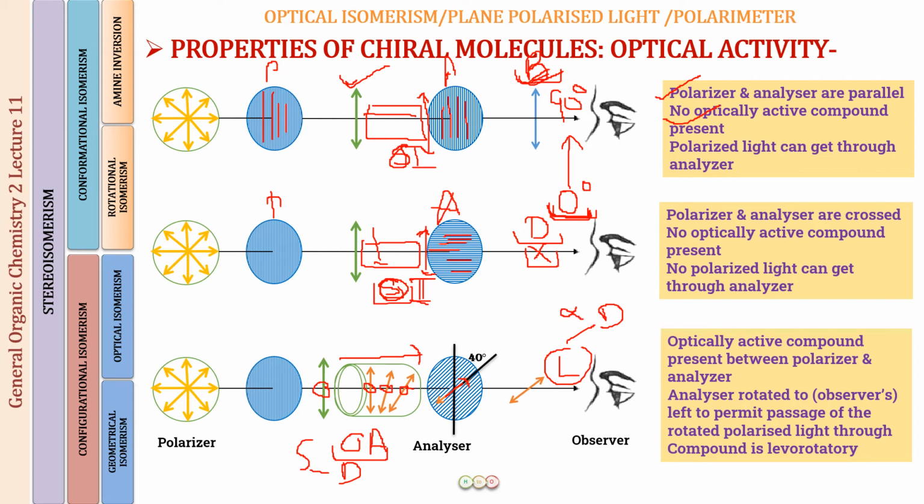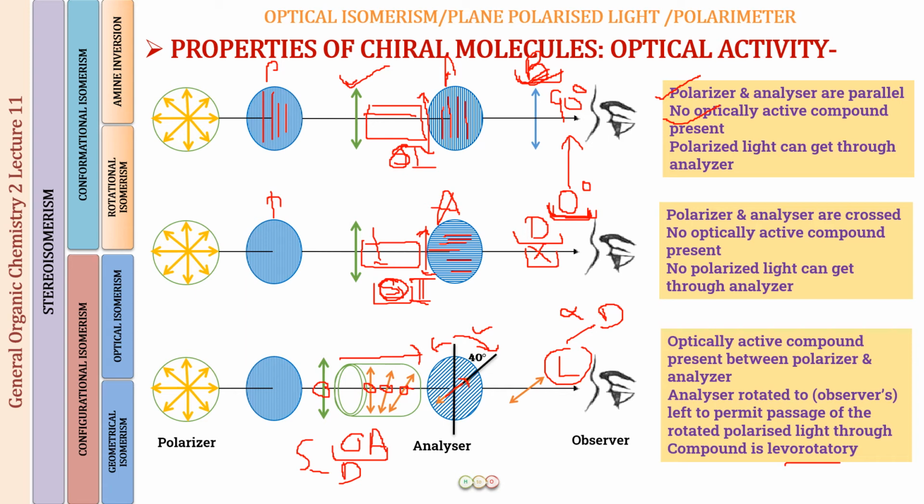For the example in this diagram, we have rotated the eyepiece by an angle of 40° towards the left. If you rotate it towards the right, it would be dextrorotatory, but now it is rotated to the left, so the compound is levorotatory. Okay, so this is how you measure the angle. This is the observed angle of rotation that we have measured.